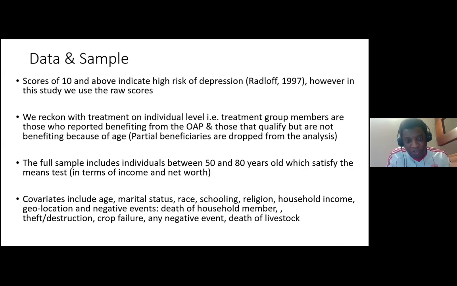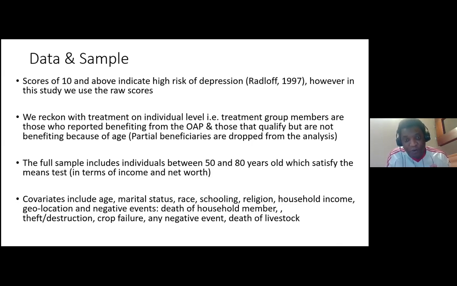Another important point to note is that it is possible in this setting to have people that are benefiting partially. So imagine somebody who is 60 years or above, who is married to somebody slightly younger, maybe 59, and they are living in the same household. That other person who is below 60 is a partial beneficiary of the grant, because if you assume that the household is sharing resources, that person is benefiting from a part of the grant.